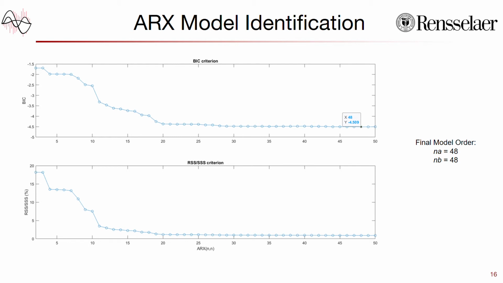You want the lowest one, because with a lower BIC you'll have better predictability for your model. So that's why I chose 48. That was the lowest BIC for the model order range from 2 to 50.